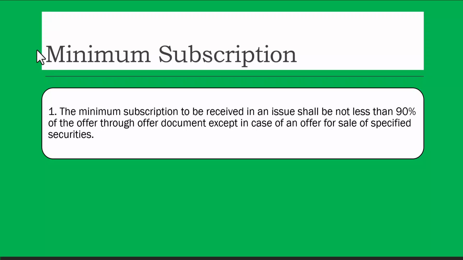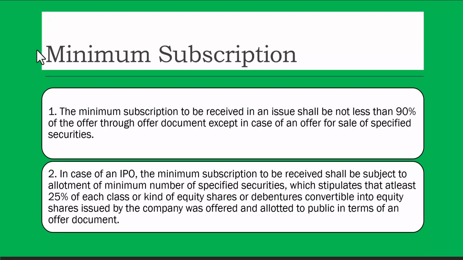So at least 90% of the money should be collected through an IPO process. If that is correct, it's called the minimum subscription. This clause says that at least 25% of the money should be collected from the public.